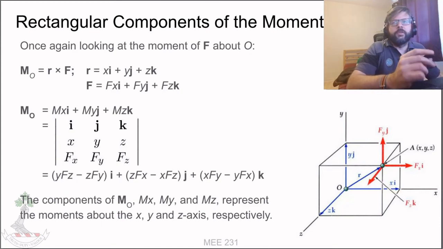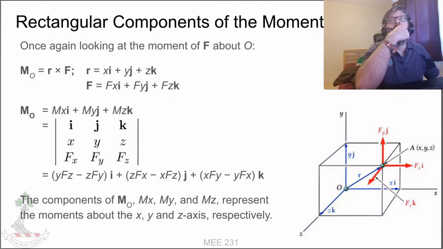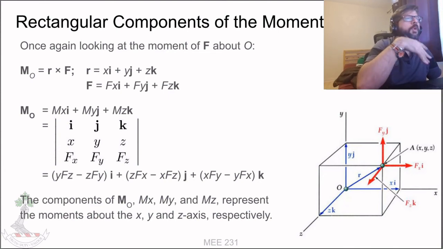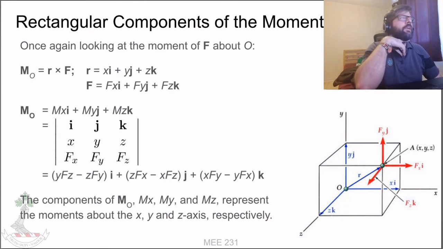The next thing we're going to want to look at is breaking up our moments into rectangular components, because then we can add and subtract them more easily if you have multiple moments that you need to resolve into a single resultant.